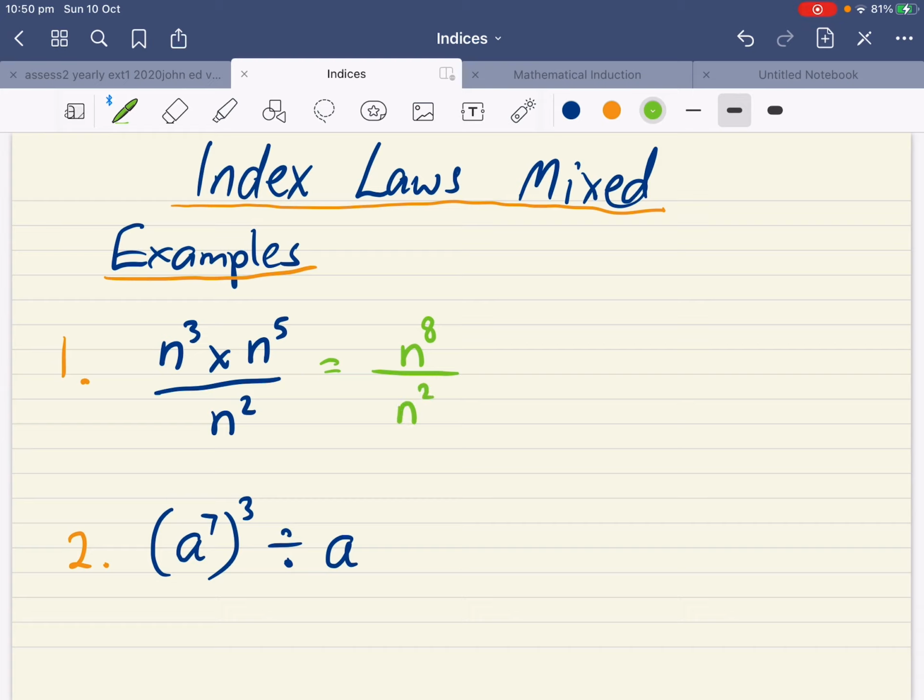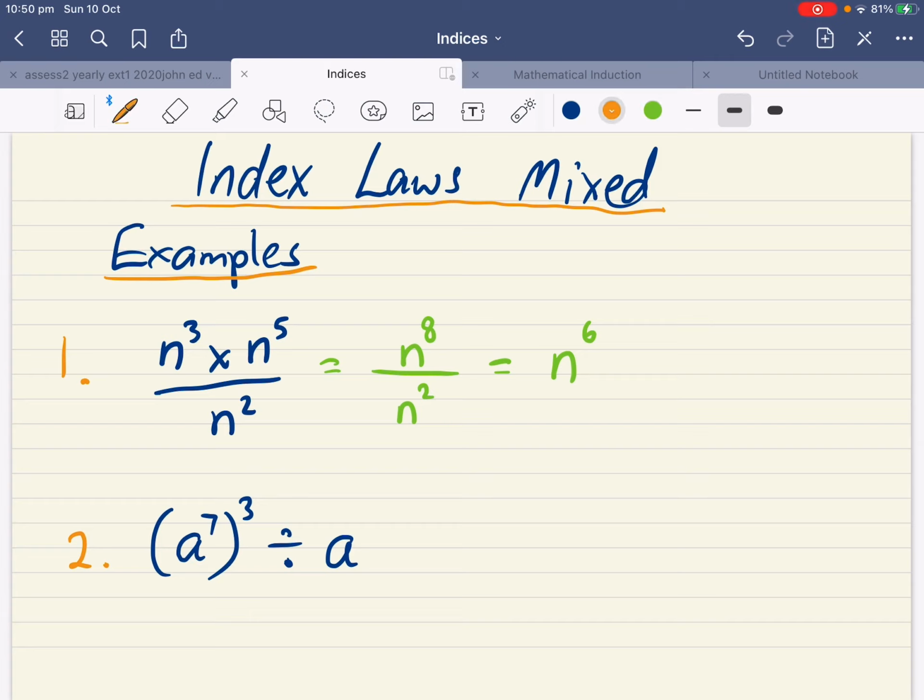Notice I've got this divided by n squared on the bottom. I've done nothing with that yet. Just one step at a time. We used index law number 1 to simplify the top. Now we're going to go ahead and resolve this division. So now this is actually index law number 2. So when simplifying index law number 2, we know, when dividing, keep the base the same and you minus the powers.